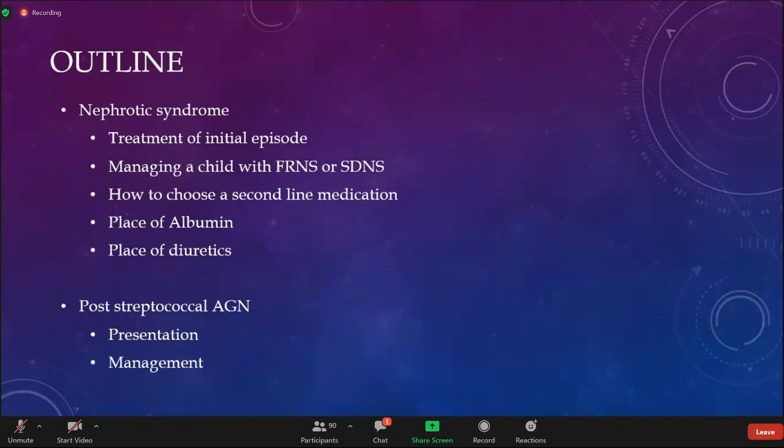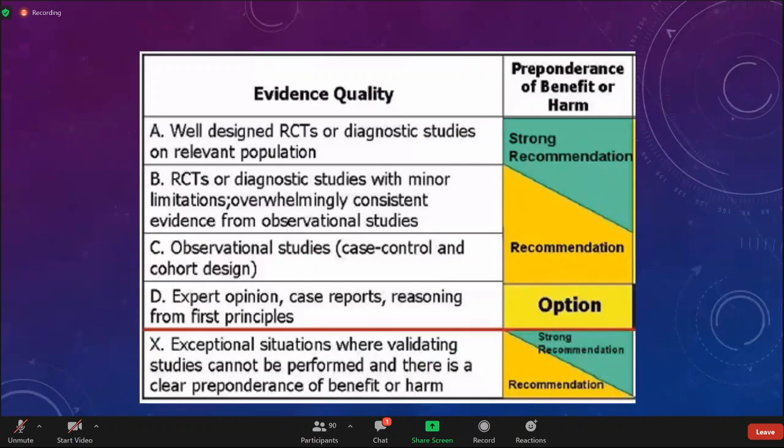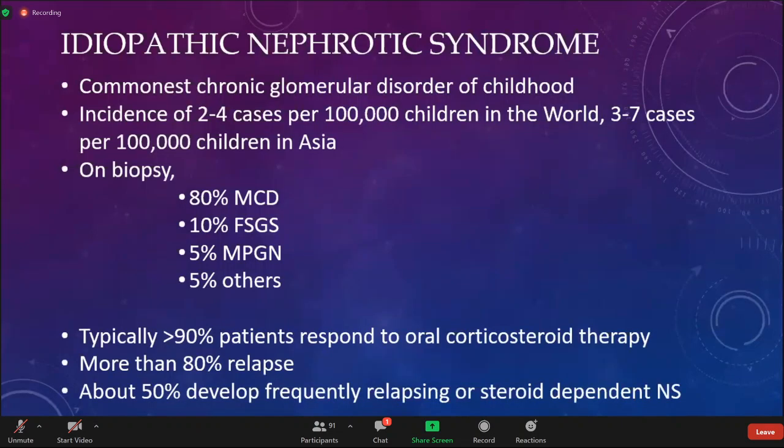With that background, I'm going to discuss nephrotic syndrome. And most of these statements depend on the evidence and the quality of the evidence. Now, if you look at idiopathic nephrotic syndrome in childhood, it is the commonest chronic glomerular disease of childhood, right?